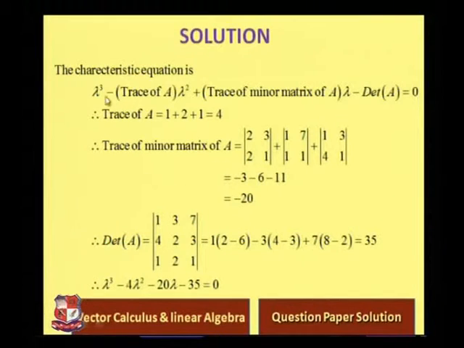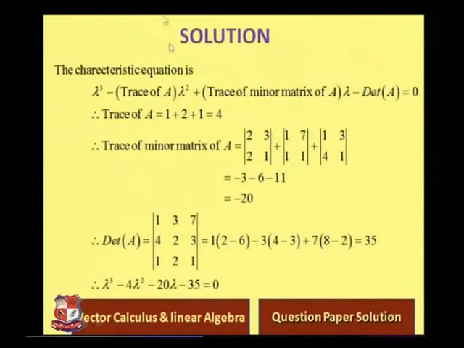This is lambda cubed minus trace of A times lambda squared, plus the trace of the minor matrix of A, which means the addition of all diagonal element minors, times lambda, minus determinant of A, equal to 0. This is the direct method to find the characteristic equation.